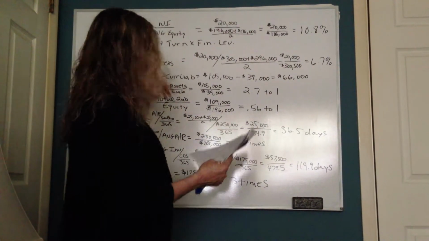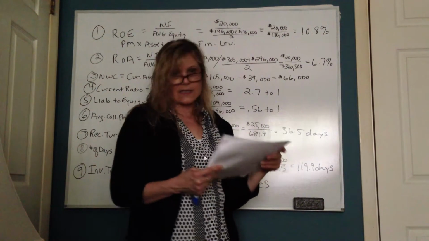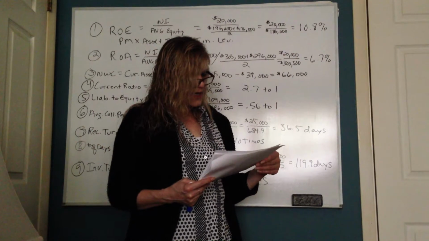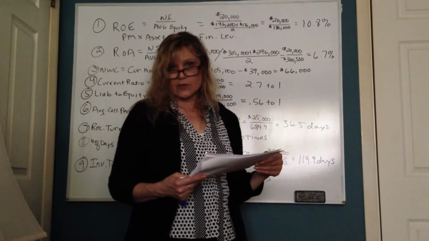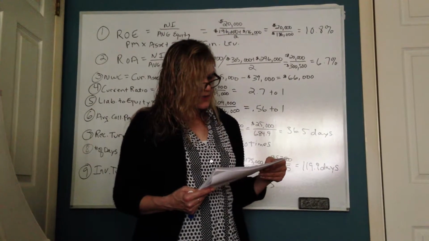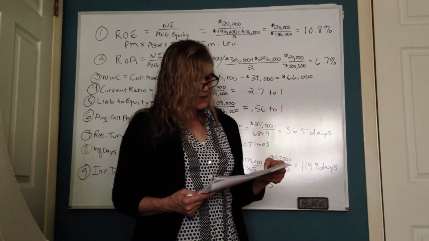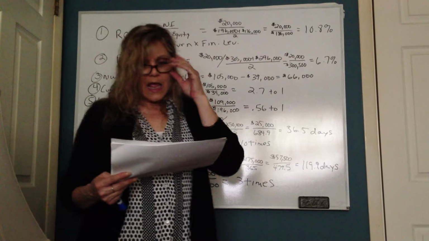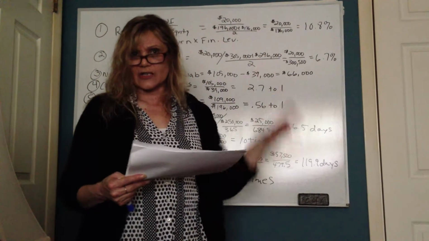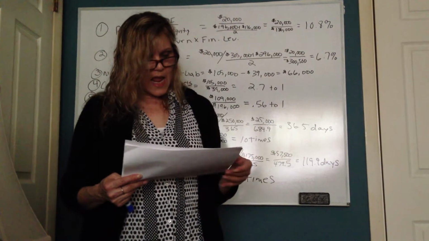Oh, before we do that, let me go through. If you look at your solution, and you look at the bottom of the solution, it shows calculated totals, and they have current assets, current liabilities, total liabilities, and liabilities plus equity. It's always a good idea to total it ahead of time, and it makes the calculations much faster.